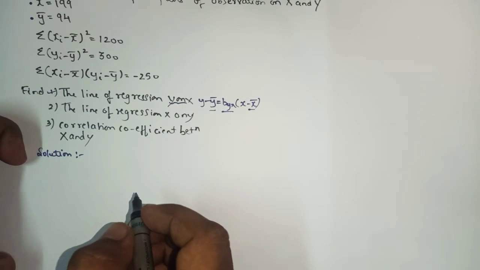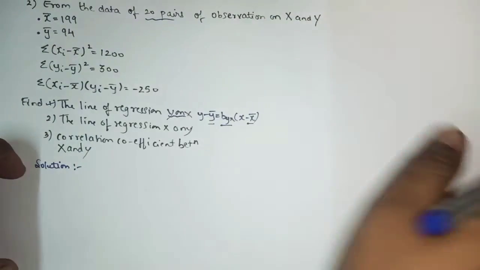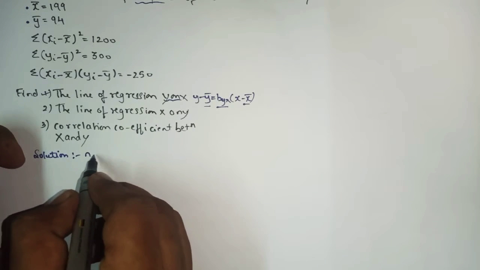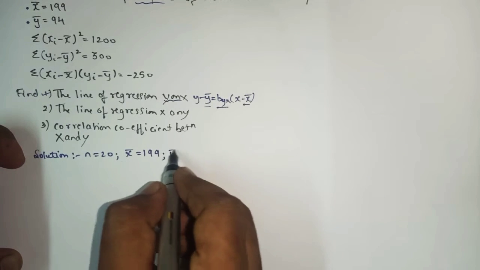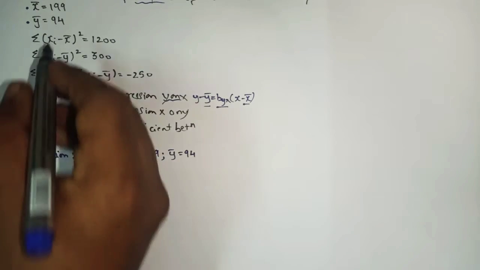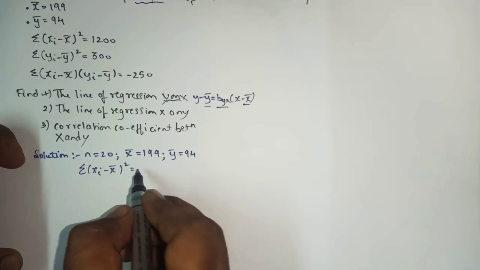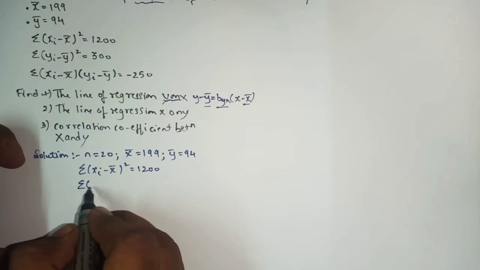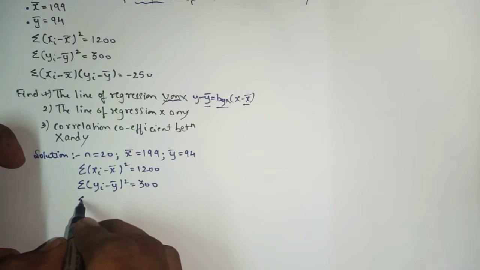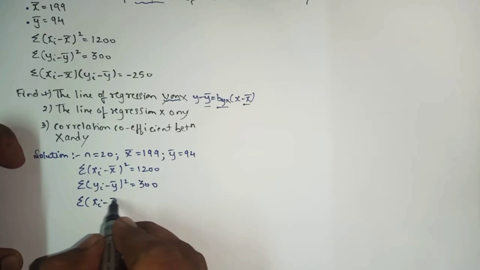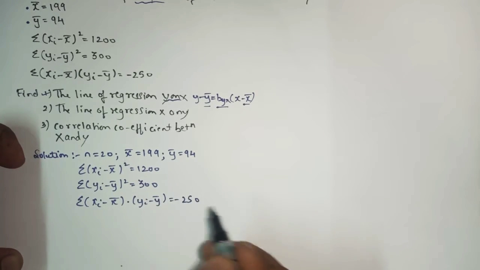Here we have the values: 20 pairs means n equals 20, x mean equals 199, y mean equals 94, total of (xi minus x mean) the whole square is 1200, total of (yi minus y mean) the whole square is 300, and the last one is total of (xi minus x mean)(yi minus y mean) equals minus 250.